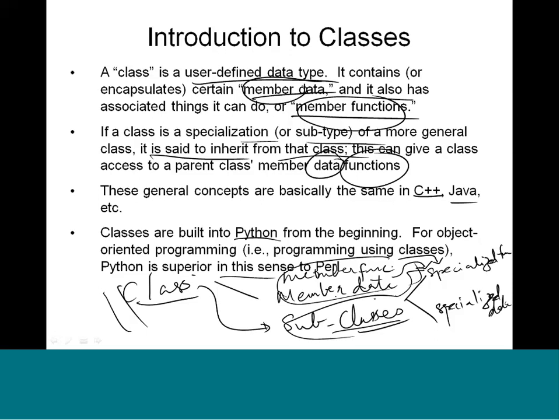Python is superior to Perl in this sense. This is something you may want to keep in mind. Perl 5 is also object oriented, but Perl was developed as non-object oriented from the beginning, so it may not have all these things, whereas Python has everything already there.